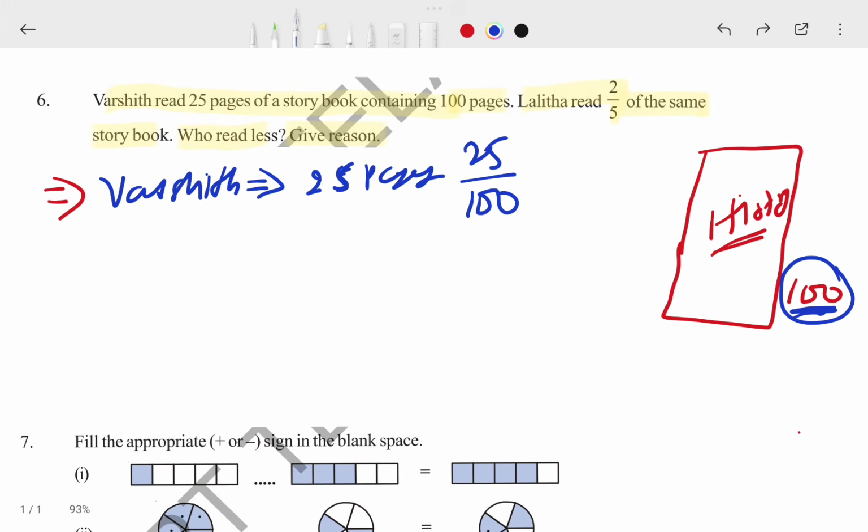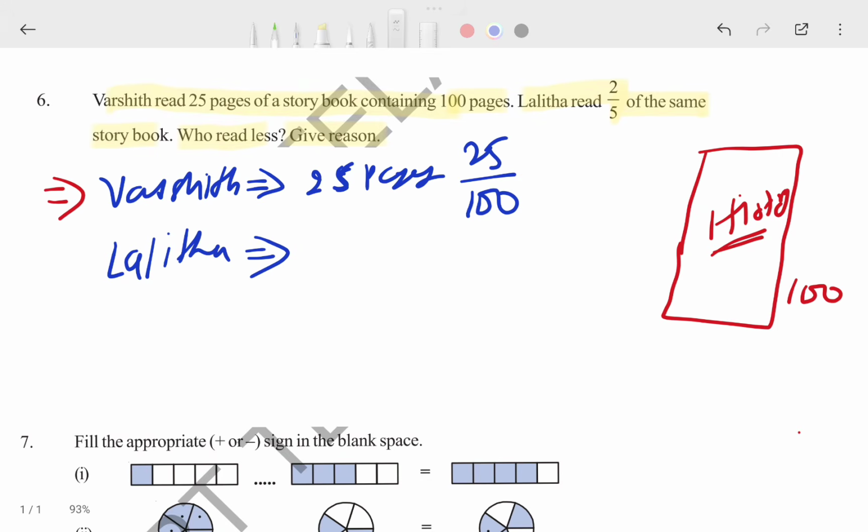But another day, your sister comes to your room, and her name is Lalita. Let's suppose she is your sister. She says, oh wow, you brought a nice book, this is a history book, how many pages? You say, okay Akka, this is a 100 pages book, you cannot read this.